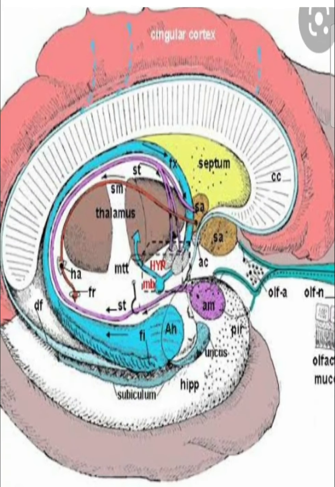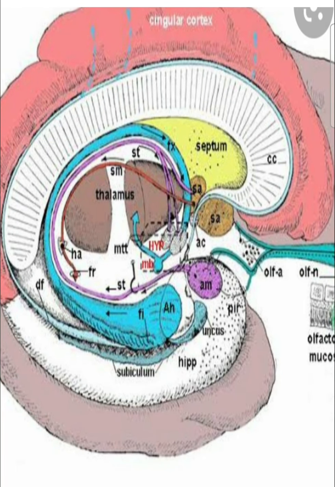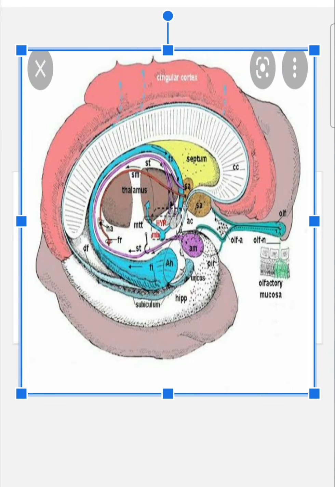Next is the septal area, in which the septal nucleus is present. You can see here in yellow color, this is the septal area. This is a sagittal section of the brain, and in the pink area is the cingulate cortex, and below it there are fibers known as the corpus callosum, which are interconnecting fibers of both cerebral hemispheres.